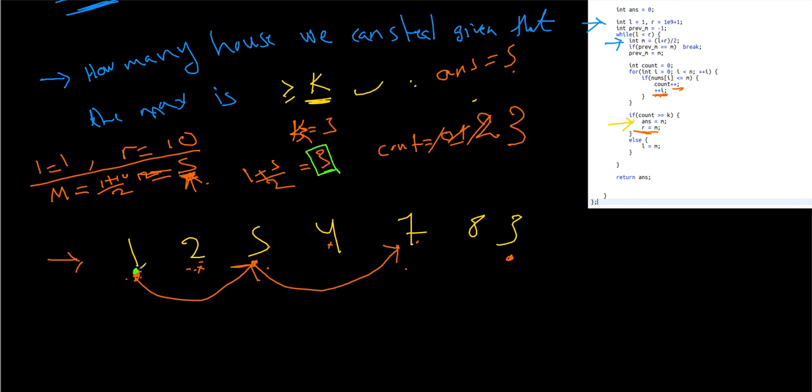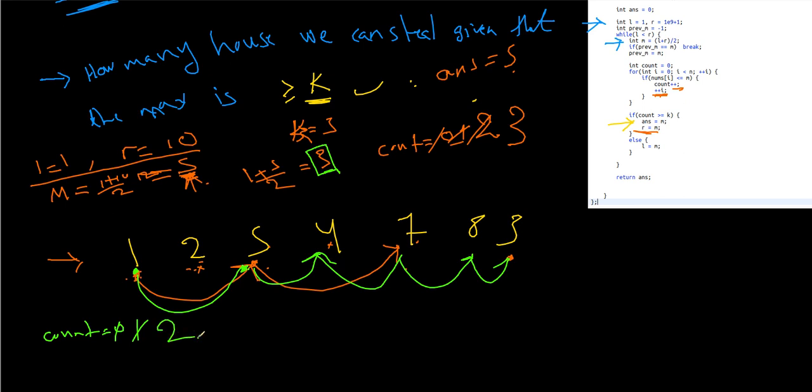Start from this one. 1 is less than 3, so the count is 0, we increase it to 1. Then we check this one. 5 is greater than 3, then 4 is greater than 3, 7 is greater, 8 is greater, and we have 3, so we increase it to 2, and notice that 2 is less than k, which is 3, and that means the value 3 is not a possible solution.